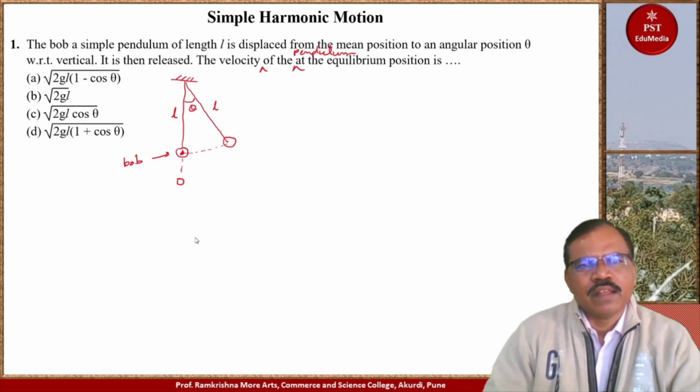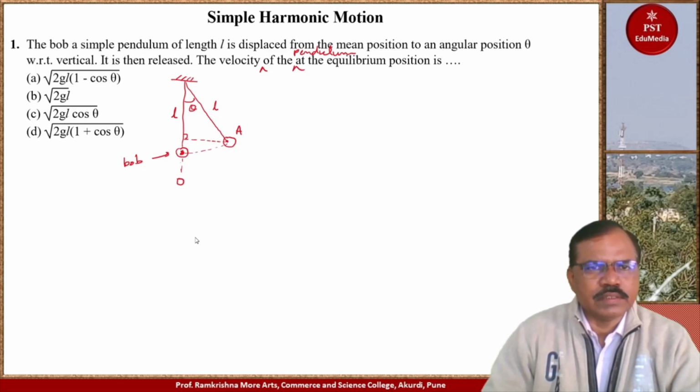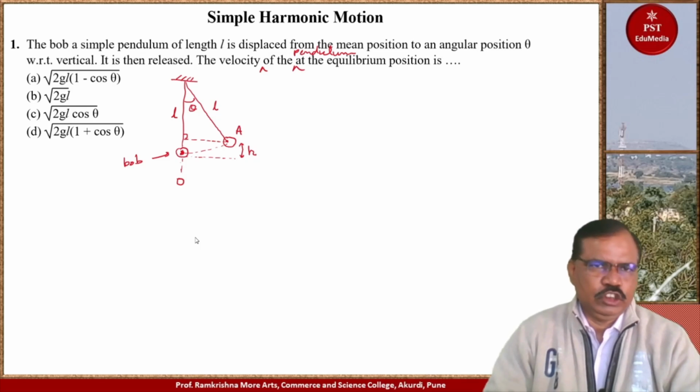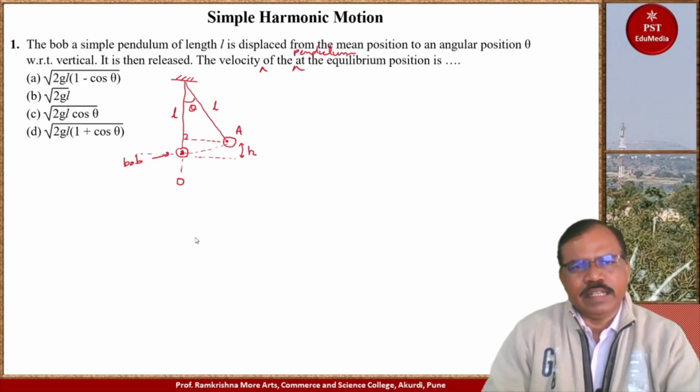Now see here, if we draw a perpendicular, I will take this position as position A. This is the equilibrium position, that is O. With respect to the equilibrium position, the pendulum is displaced through vertical height h.